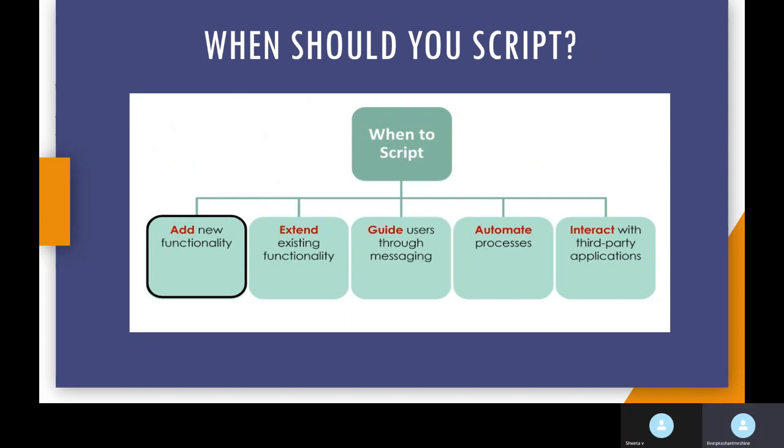Now if we talk about extending existing functionality, suppose we have generated a script, or an out of the box script is there, and it is checking some validation, for example state is one of new or in progress.